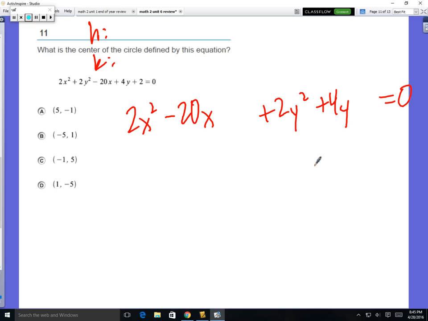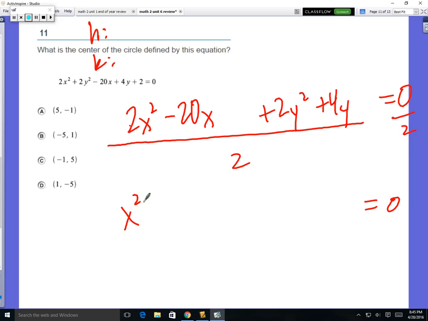Okay, now move number 1. These are all even, so I'm going to divide this side all by 2, divide this side by 2. 0 divided by 2 still stays 0. 2 divided by 2 is going to be 1x squared minus 10x. That's going to be 1y squared plus 2y.